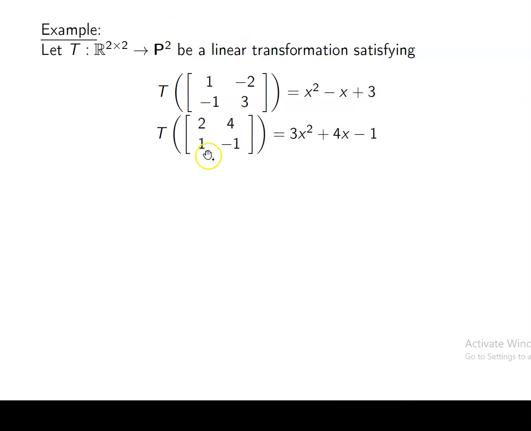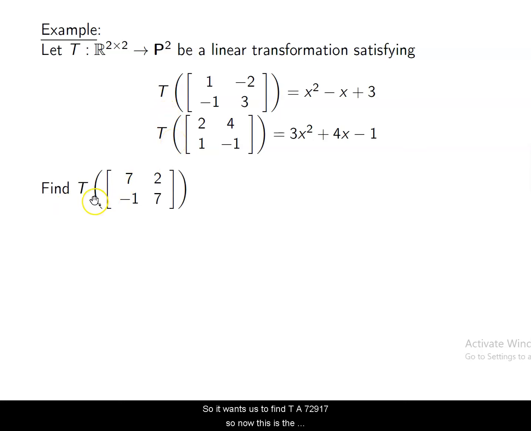Same here. Under the same transformation, if I put in this specific vector V for this domain space, I will get out this specific vector W for this codomain space. So it wants us to find T of [7, 2; -1, 7]. So now this is the problem.